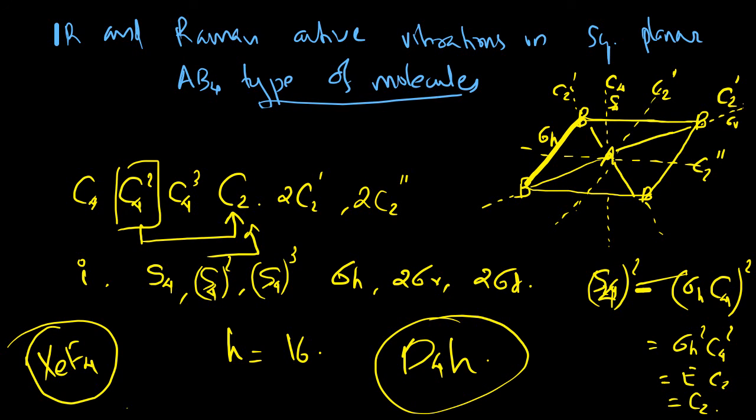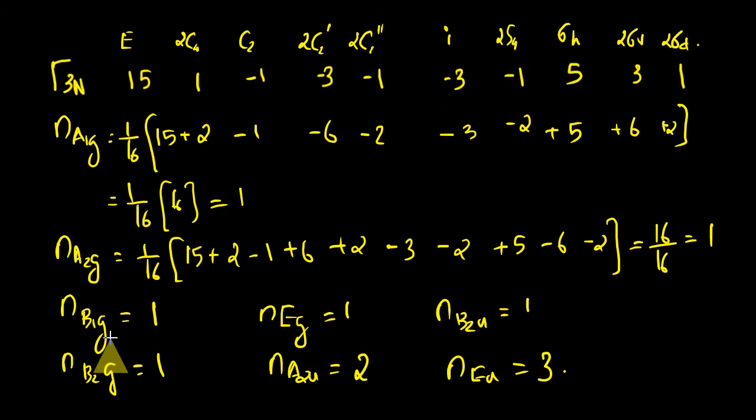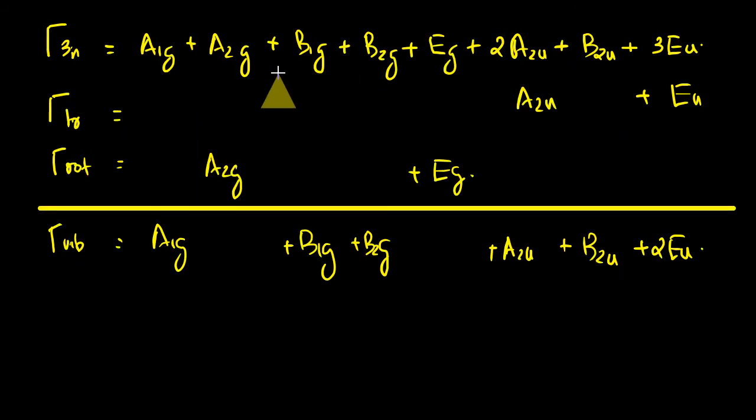Before that, you have to calculate the total character corresponding to 3n degrees of freedom. That you can do using these steps. Okay, and after that you have to use the reduction formula. From the reduction formula, you have to get the weight of each reduced representation contributing to the total character, and then you have to represent the total character like this.